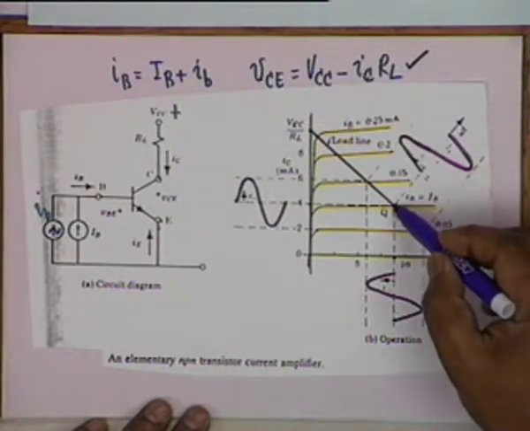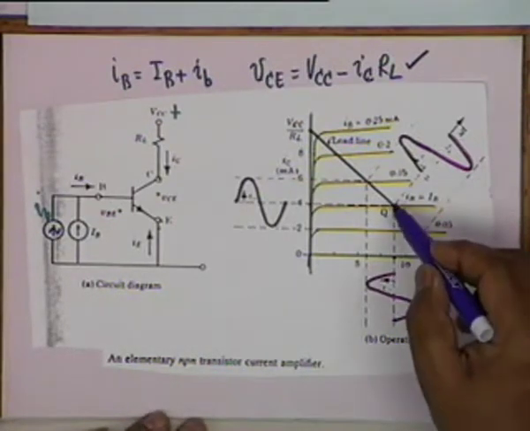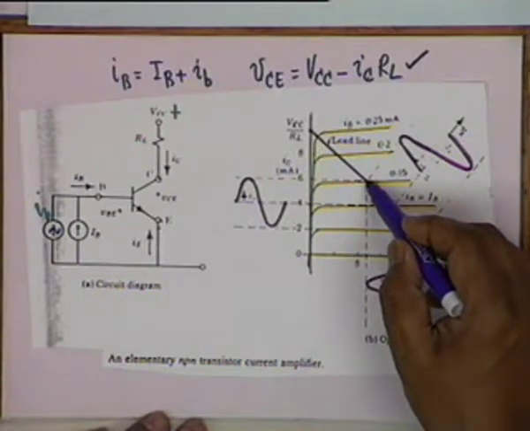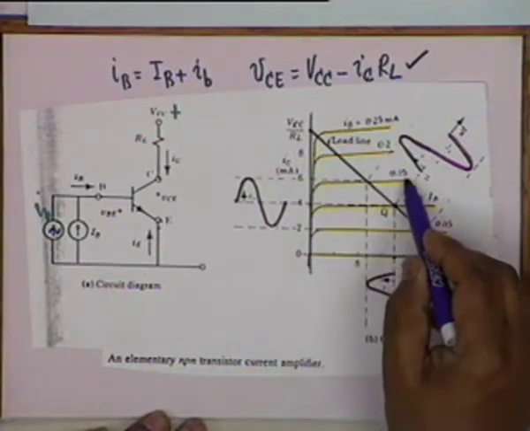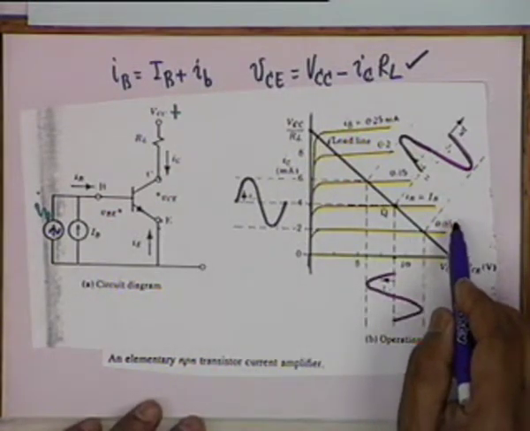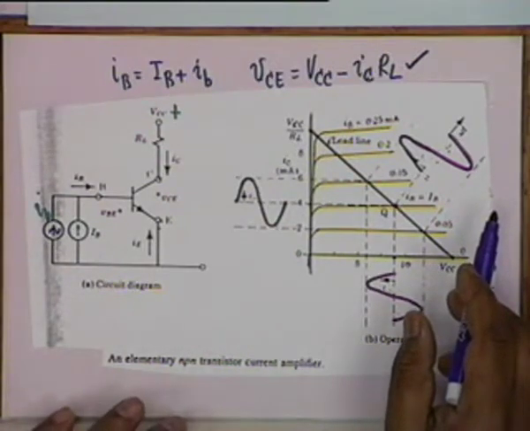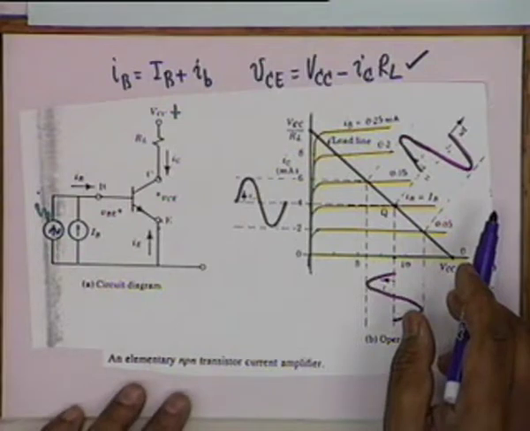That is, this point Q corresponds to 0.1 milliampere, and when the base current is maximum it becomes 0.15 milliampere. So the Q point shifts to this point because this curve is for 0.15 milliampere and this curve is for 0.05 milliampere. Equal changes in IB lead to equal changes in IC. This is the part that we are interested in.